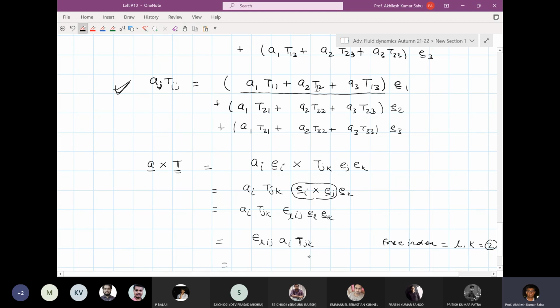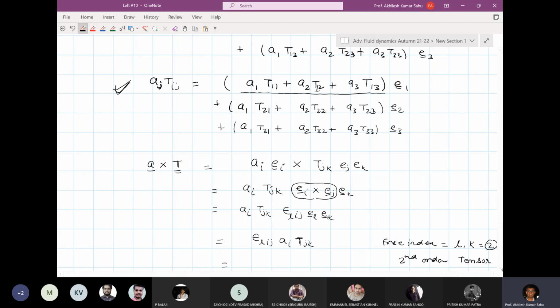So that means it's a second order tensor. So when you find a vector cross second order tensor, the resultant quantity is also a second order tensor.